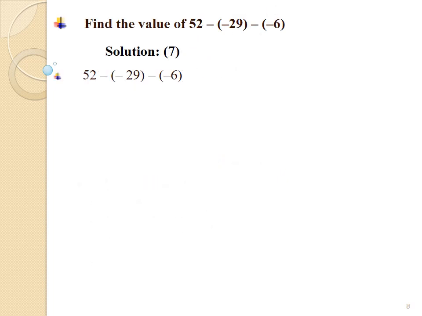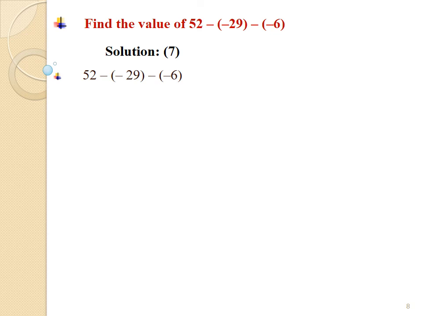Now, question number 7. Find the value of 52 minus (-29) minus (-6). Students, in this question, we have to subtract the integers, and we know that subtraction of integers is the same as addition of the additive inverse.